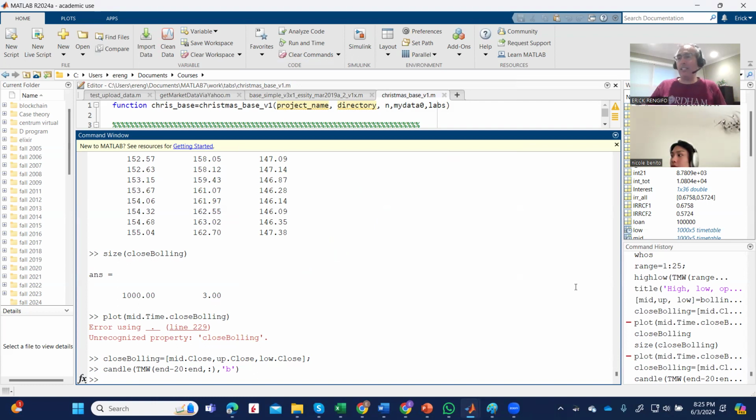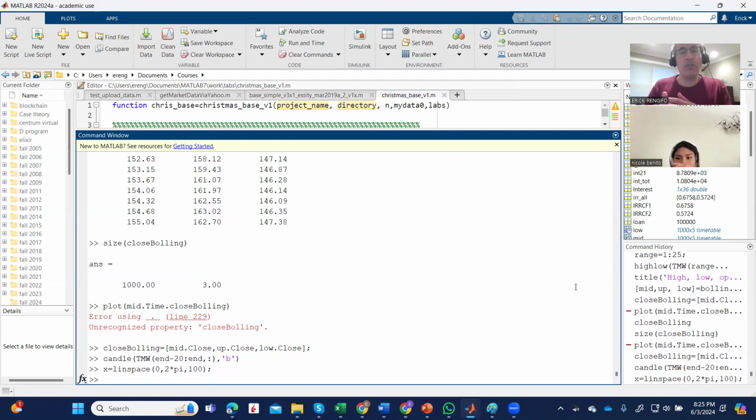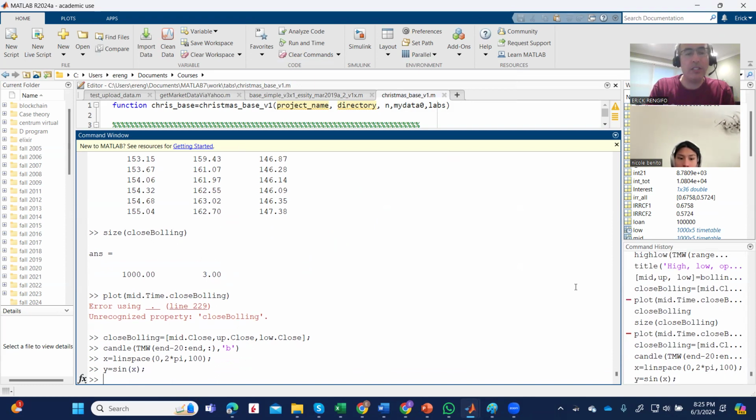Okay, one last thing, guys. Let's go back to this one here. Let's go back to your y equals sine of x. I don't know if we have modified this one. Let's go to your c equals cosine of x.